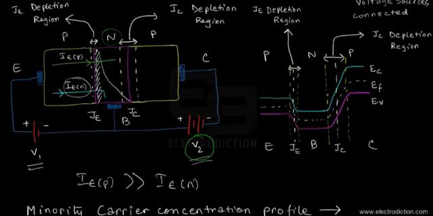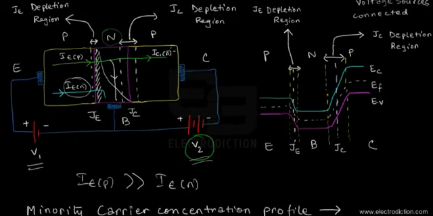So it's quite probable that most of the holes will be attracted into the collector section as the remnants of the emitter current, if I just call it IC1, as you've seen in the previous tutorial, due to the hole current component, while the rest of the emitter holes would recombine with the electrons present in the base and constitute the recombination current.